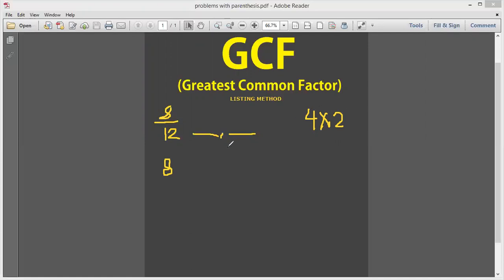I hope we're clear with that. Again, I will go through my factor pairs. In some schools, they use a colon. So how do we find the factors? This is where you need to recall your times table. That's why I always tell you, you have to memorize your times table.